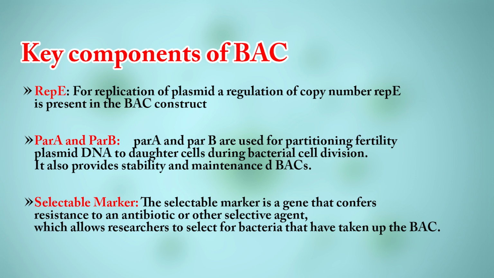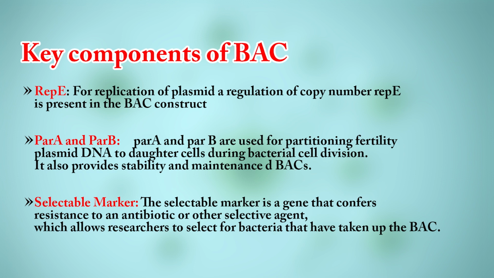These are used for partitioning the fertility plasmid into the daughter cells. So, you know that bacterial cell division is an important part, and the F factor plasmid is called the fertility plasmid because it is helping the bacteria for conjugation, for the transfer of genetic material from one cell to another cell.